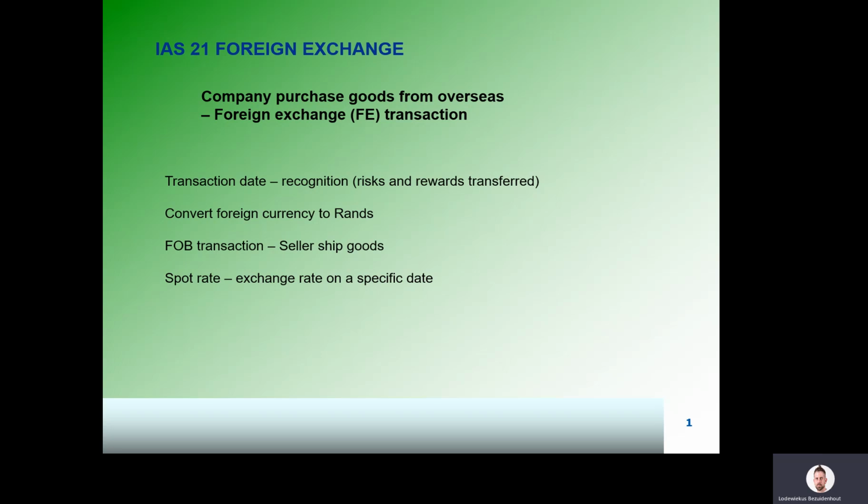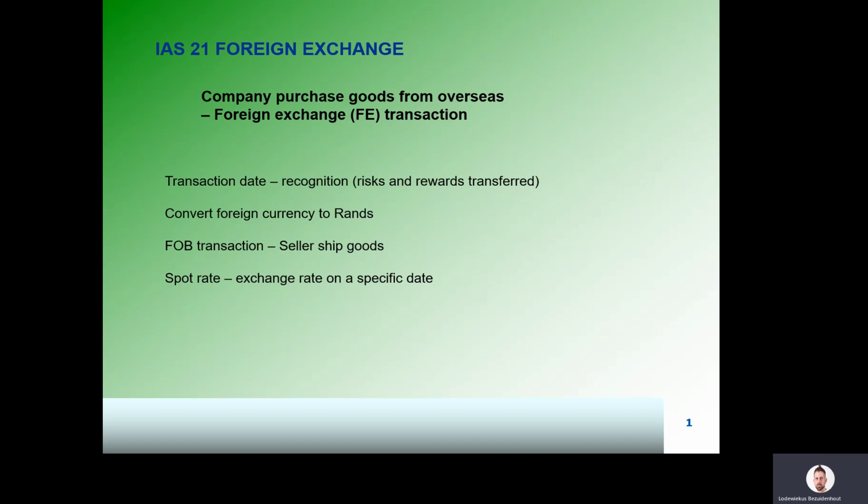So when you have a FOB transaction, when the goods are free on board, the seller is free of any risks when the goods are on board the ship. So when you see a date where there's a FOB included, then that is the date that the risks and rewards will be transferred.